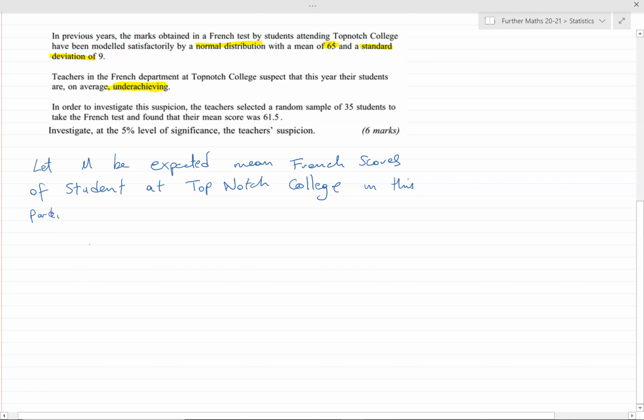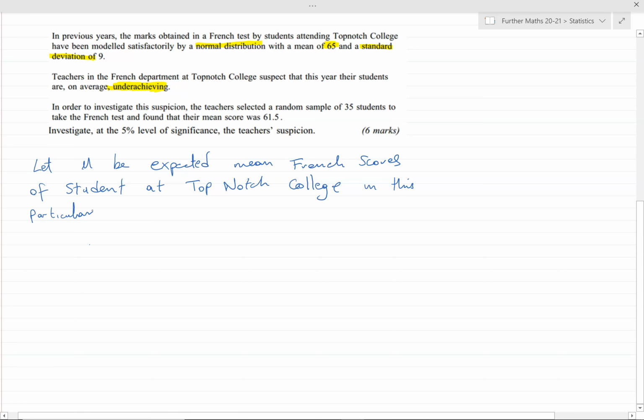It's difficult to get the wording right there because of the unusual circumstances of this test, but it's about whether this year's French marks are lower just by random chance, or whether they're actually worse than normal. That's why I've been a bit careful with how I've defined it.